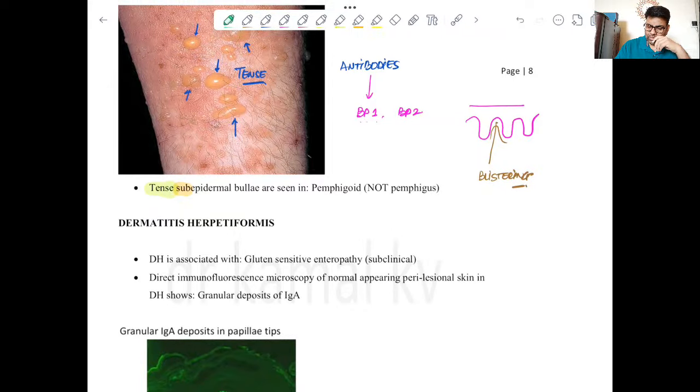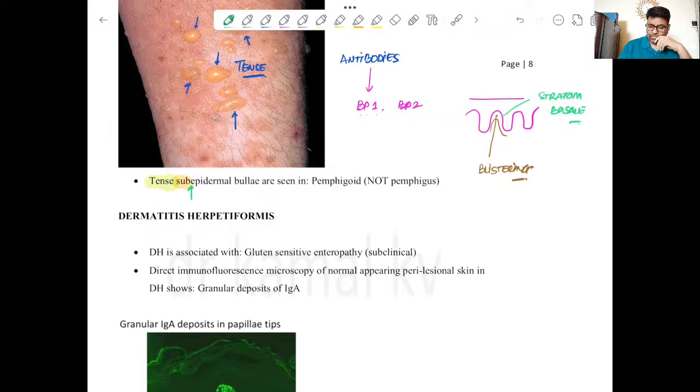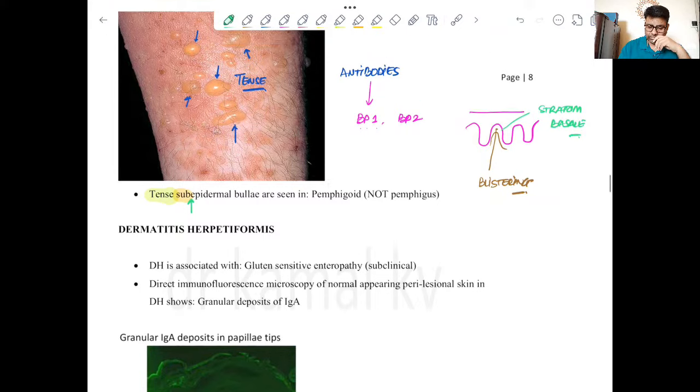Okay, so this is the stratum basale, and the blister is just below it. Clear? So this is subepidermal bullae, whereas in pemphigus it was intraepidermal, suprabasal.